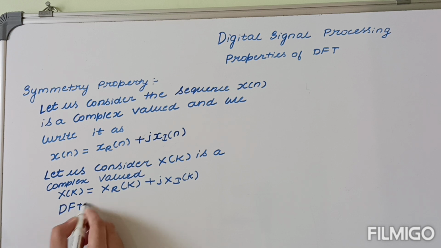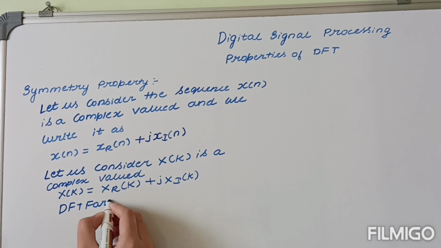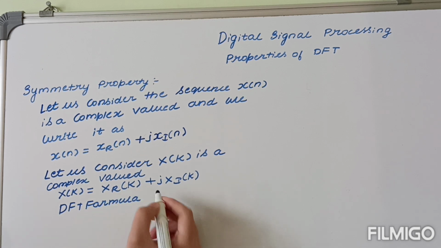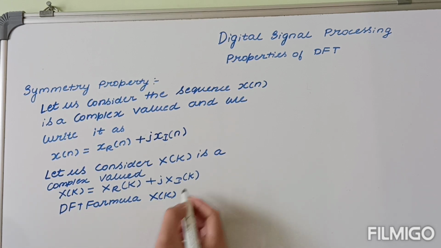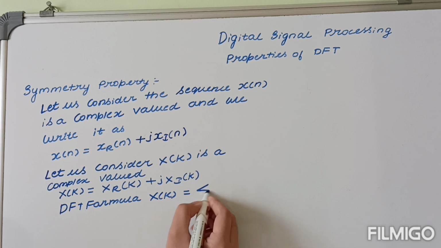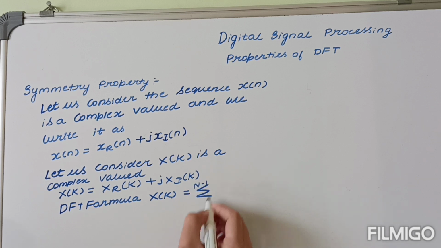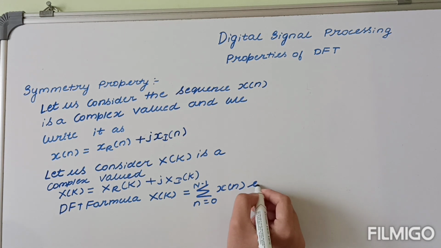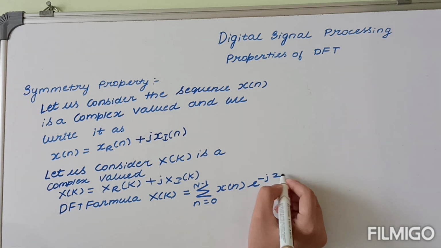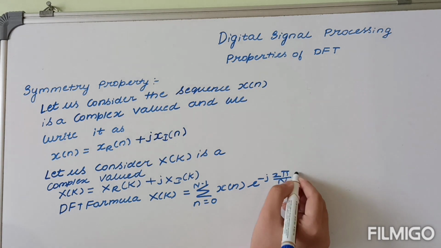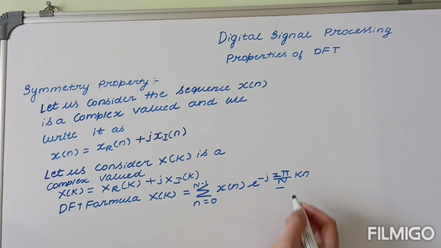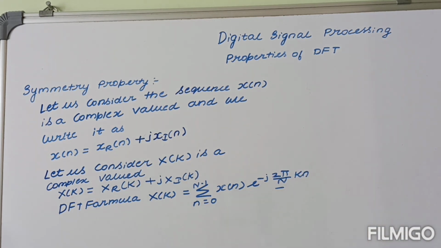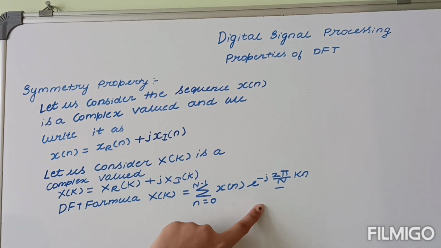The DFT formula is given by x of k is equal to the summation from n equal to 0 to n minus 1 of x of n into e to the power of minus j 2 pi by n kn. You have to write this only, students, because omega n kn I am going to take like this in the next step. Instead of that I am going to directly write this.